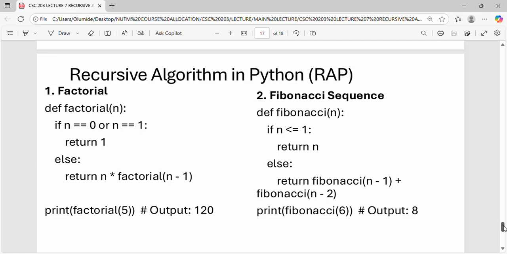You know that n factorial, 2 factorial is what? 2 times 2 minus 1 factorial. That's an example. So whatever n is, it will return the factorial. Don't forget that we started with the function factorial.